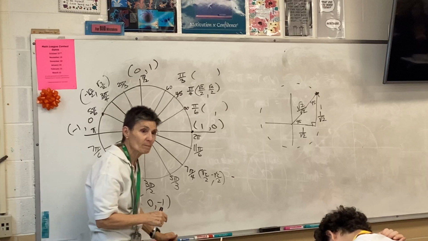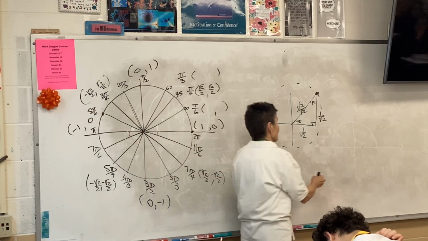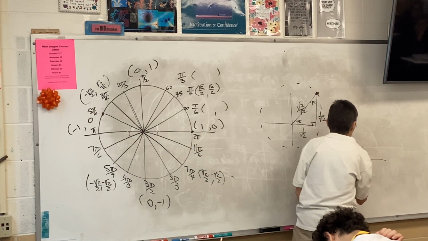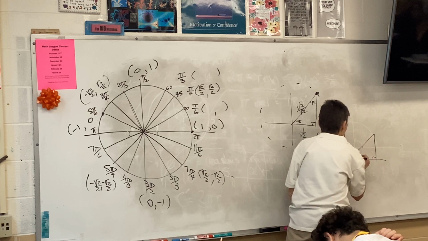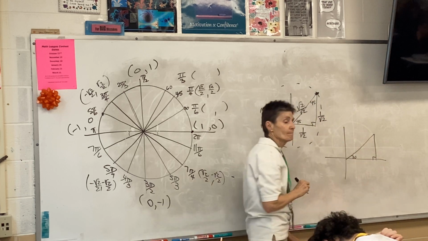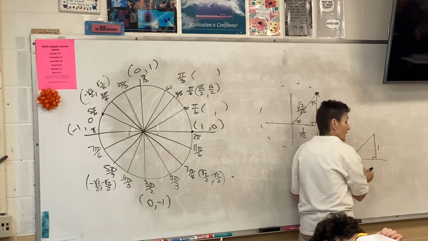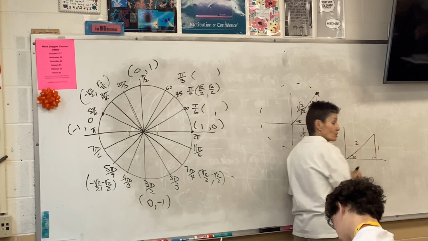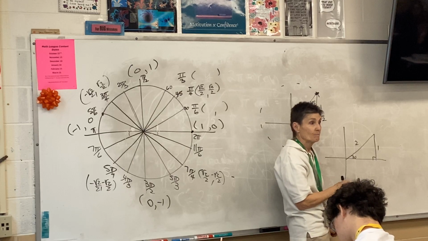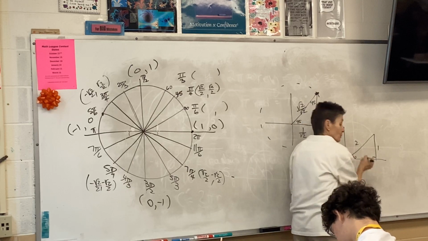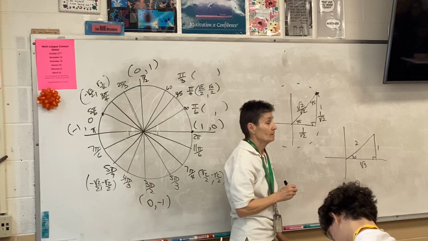All right, what do you remember about your 30s? You remember that the hypotenuse is twice the short leg? And the longer leg is root 3 times the short leg?